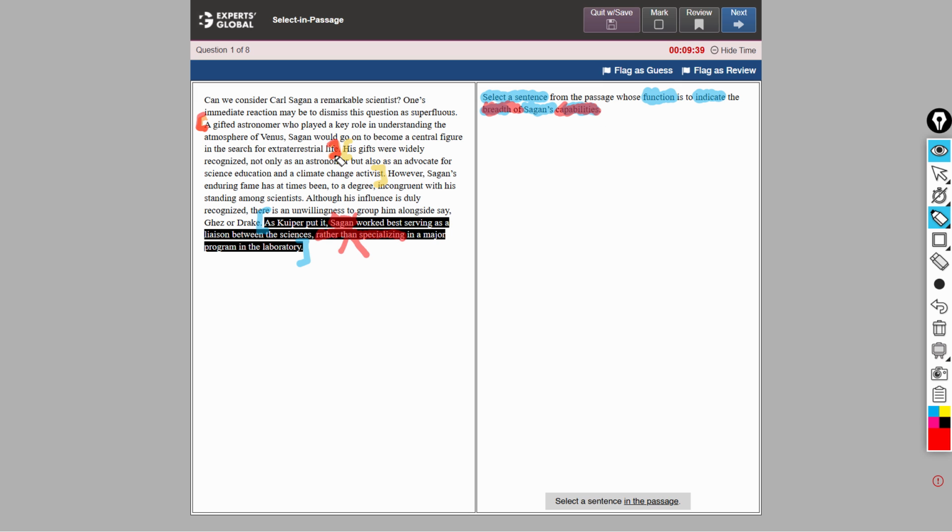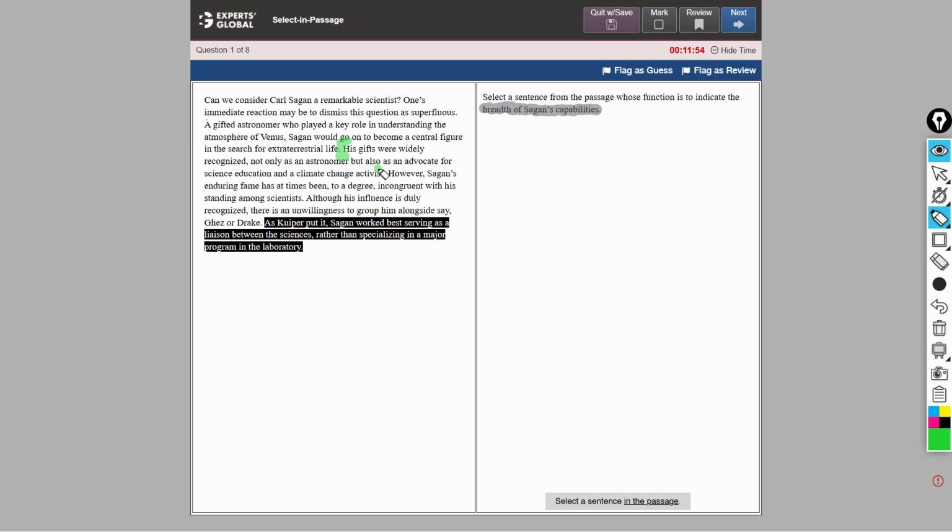This answer choice is more about the scientist's accomplishments, and this largely talks about his accomplishments as an astronomer. Everything mentioned here is from the point of view of the accomplishments this scientist had in capacity of being a gifted astronomer. Therefore, this answer choice does not do justice to the breadth of his capabilities.